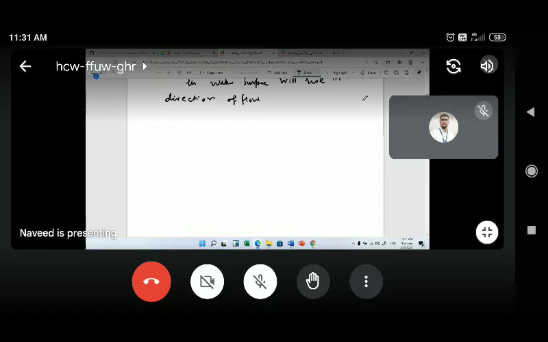Now we will apply the end conditions. First, at the upper end of the flow, y tends to yn, which means dy by dx will be equal to 0.